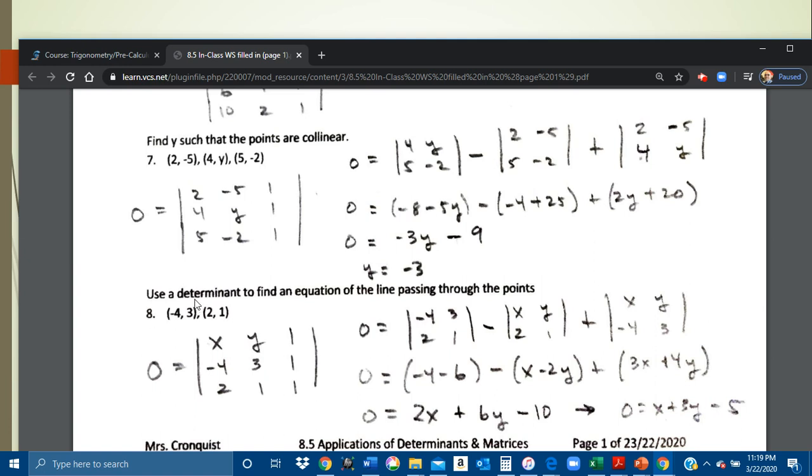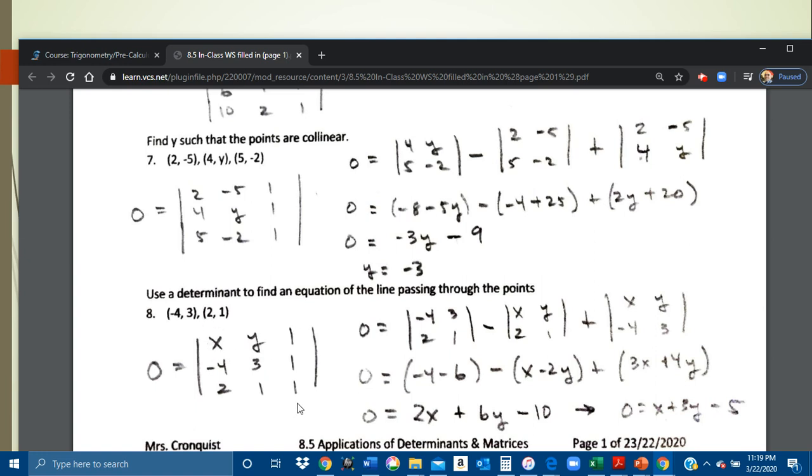Finally, let's take a look at use the determinant to find an equation of the line passing through the points -4, 3, 2, 1, and whatever x and y satisfies that equation will give me a determinant of 0. So x, y, 1, -4, 3, 1, 2, 1, 1. Now in the example before we used row 1.